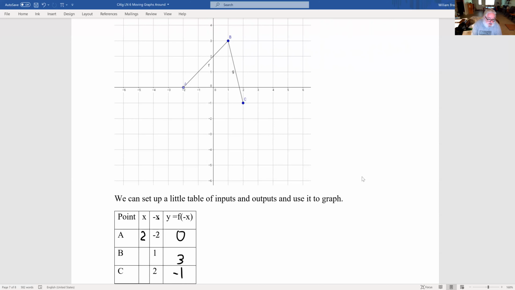It has to be 2. If -x is 1, then x is -1. If -x is 2, then this is -2. So we end up with that point, this point, and that point. So the minus sign inside the function flips it over the y-axis. This is my new a prime, b prime.